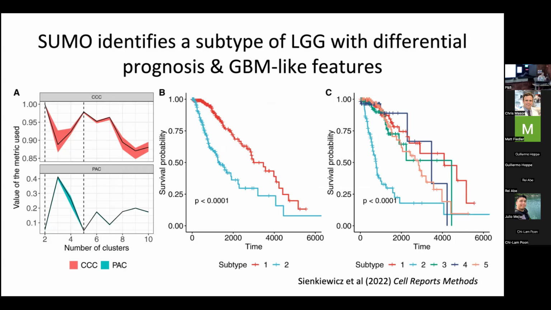But they display a molecular similarity with grade 4 or even glioblastoma, while based on histopathology they are just grade 2-3. So what happened here? We did the integration multiple times, adjusting different parameters of the model, and we still had this cluster of samples that normally these patients would be grade 2. Overall, all of the grade 2-3 samples had pretty good survival, but there was a bunch of patients that separated out and had terrible survival.